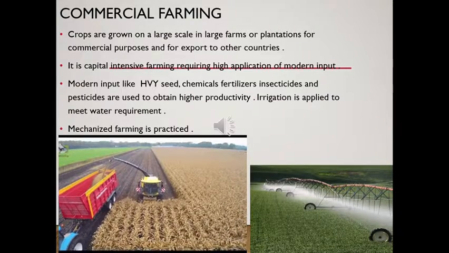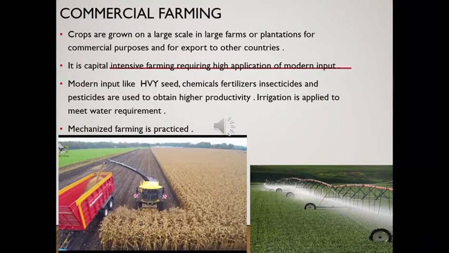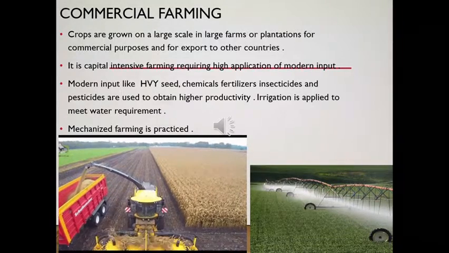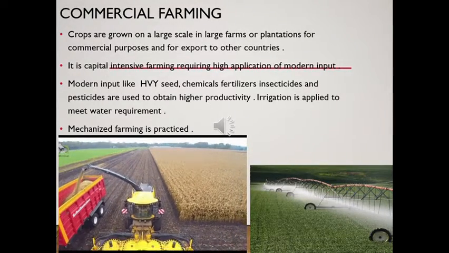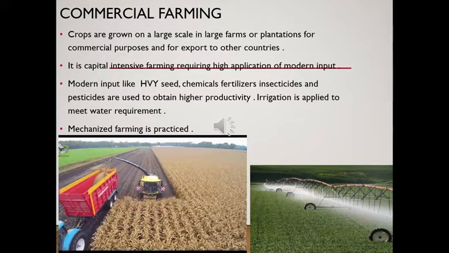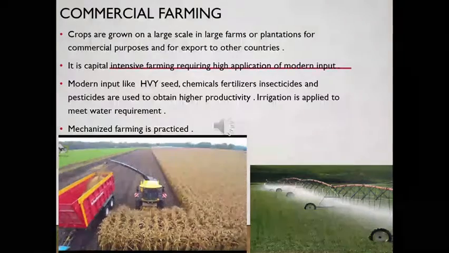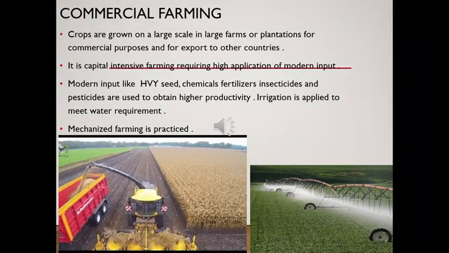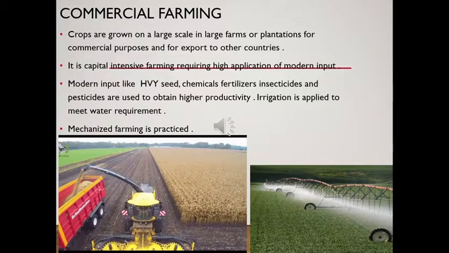The area cultivated and the amount of capital used is large. Most of the work is done by machines and the latest technology is put to use under this type of farming.